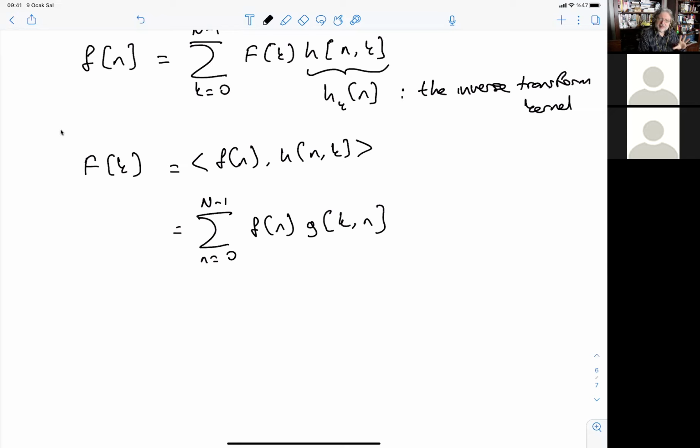But this time I'm attacking the problem from a different perspective. Let's assume that whatever this H of N is, it's not necessarily orthonormal. It's just any function of N and K. And with this representation, is it possible to find another representation of G of K and N such that when I make this combination, it gives you capital F of K?